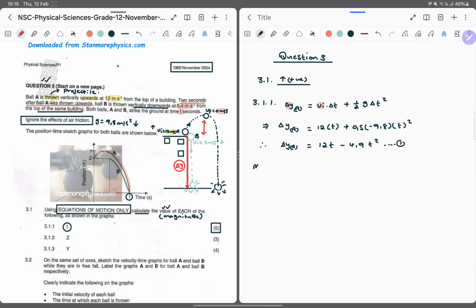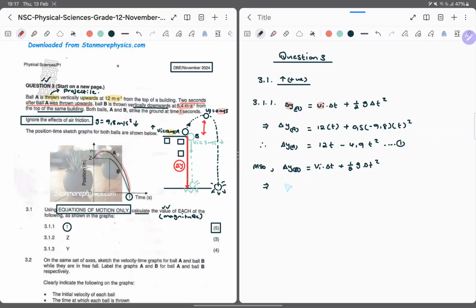We can say also, we know that delta y for ball B, since this is the same displacement, we can use the similar equation. This is the same as the initial velocity times delta t plus half g delta t squared.